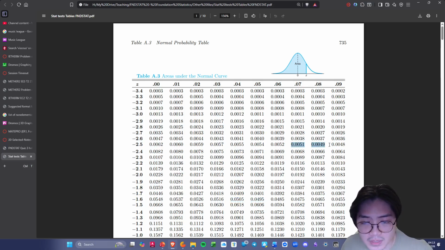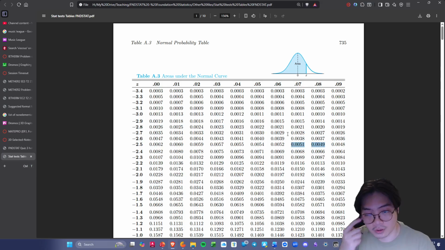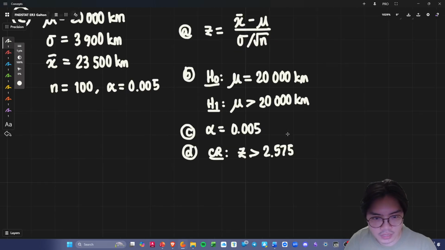It is in between negative 2.57 and negative 2.58, negative 2.575, or in this case, positive, because it needs to be on the other side. So, 2.575. And then let's have our computation.